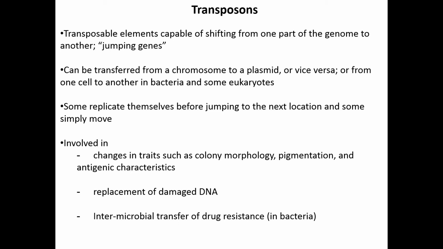So you could get a variety of different phenotypes as a result. You can have activation or even overactivation of genes, due to these transposons inserting themselves in different parts of the genome.